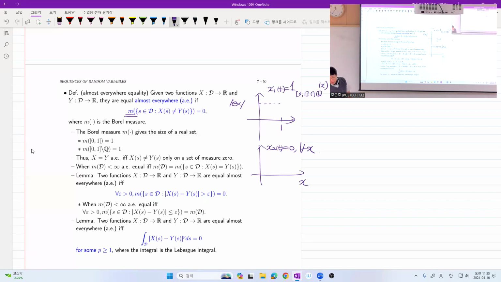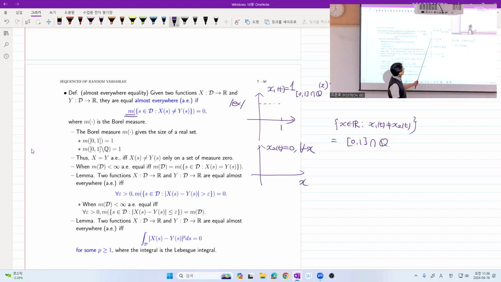Now, let me ask you, what is the set of x such that x1 and x2 are different? Of course, this is the set of rational numbers on this interval [0,1]. And as I just told you, what is the size of this set? 0, which means that they are, in some sense, equal.